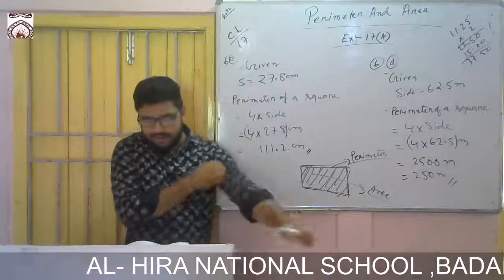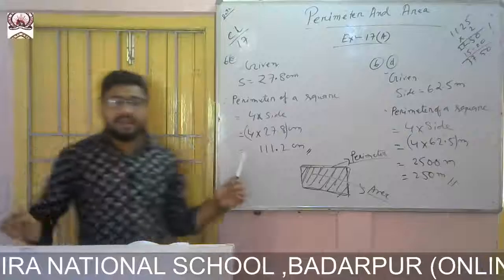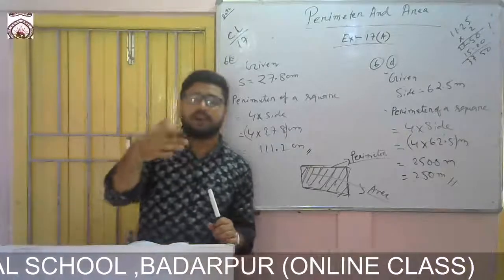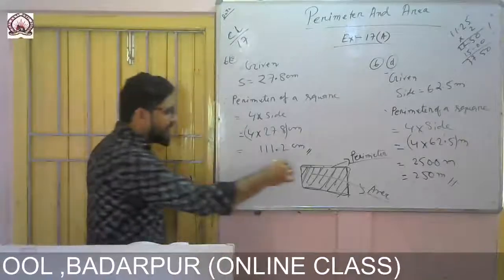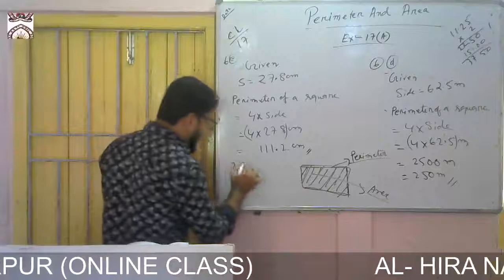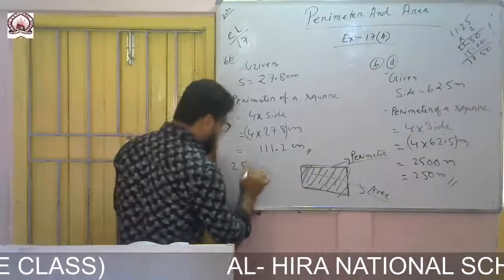Now we will be finding area, and whenever we write the unit of area, we need to write square unit. Suppose we found the area of a rectangle, say 25. I cannot write 25 centimeter, it will be 25 square centimeter.